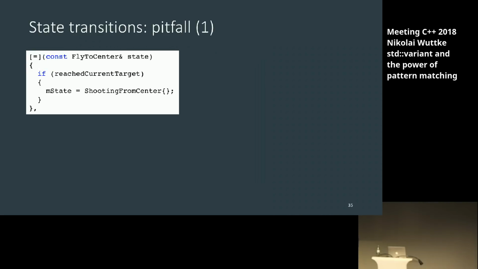So you need to write something like this, where you say, okay, I'm handling the flight to center state, and then if something, and I might do other things in here, right? So it's not in this example, but maybe there's a special animation that you show while you're flying to center, so you would have some additional code here to do that. And then you also do the state transition.